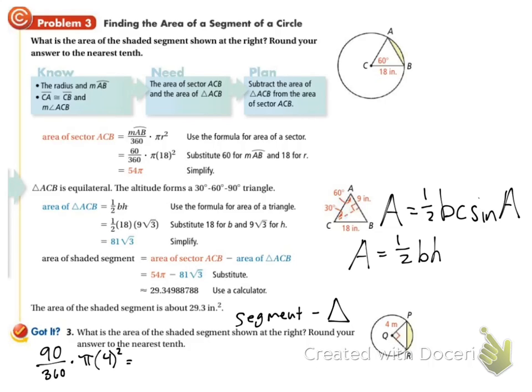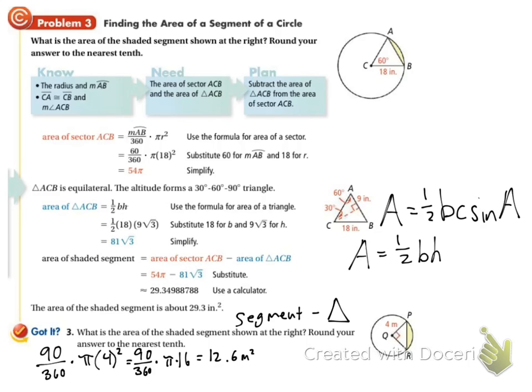So that's 90 over 360 times pi times 16. And I'm not going to leave that in terms of pi. I'm just going to multiply that out. That gives us 12.6 meters squared.